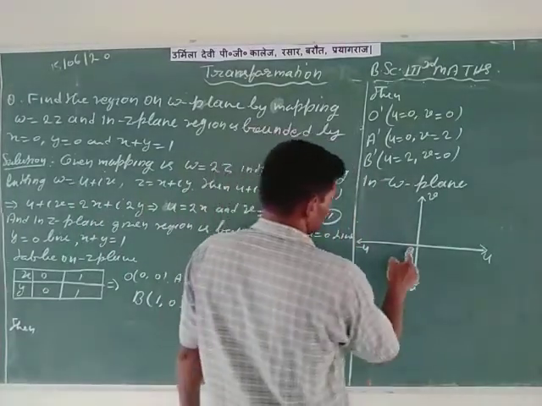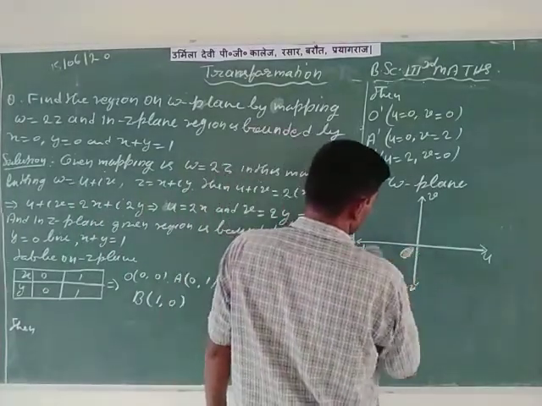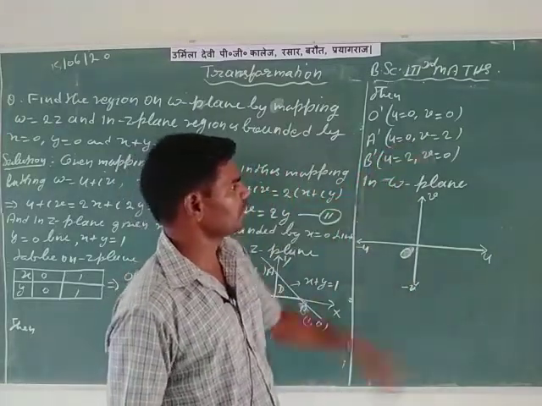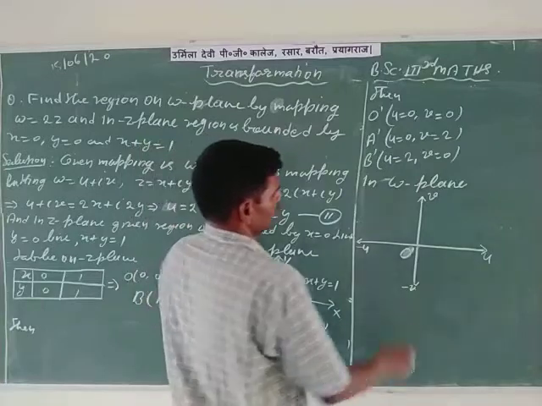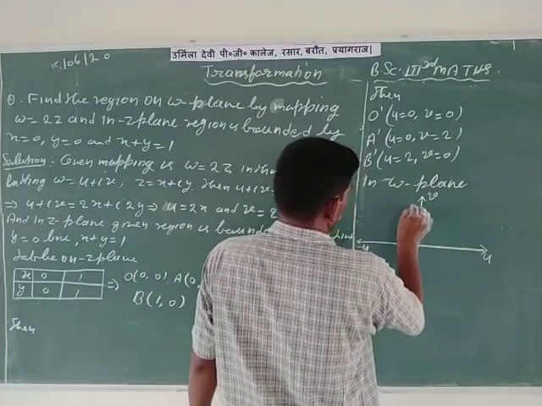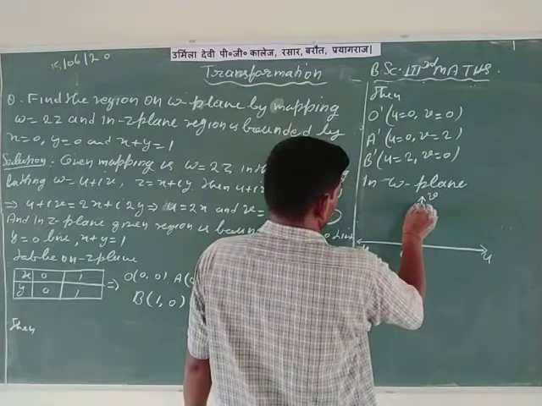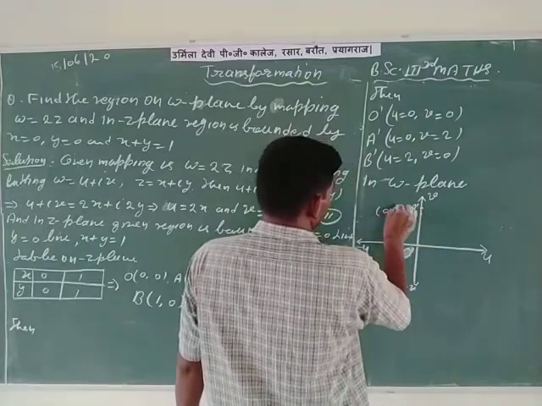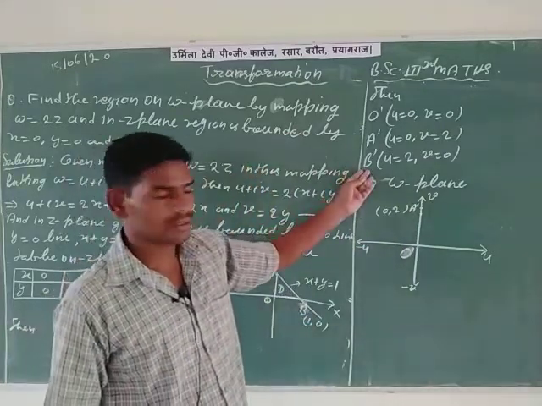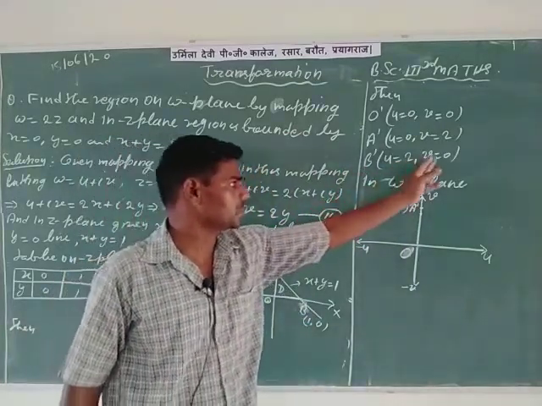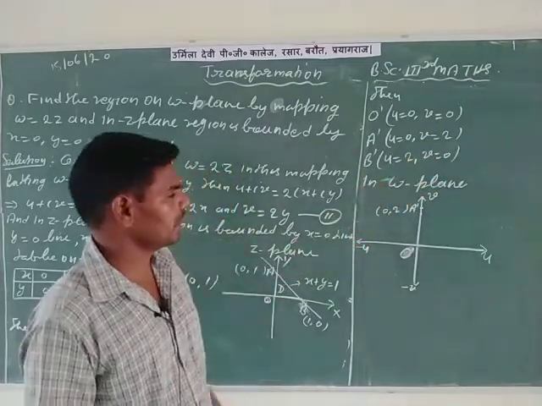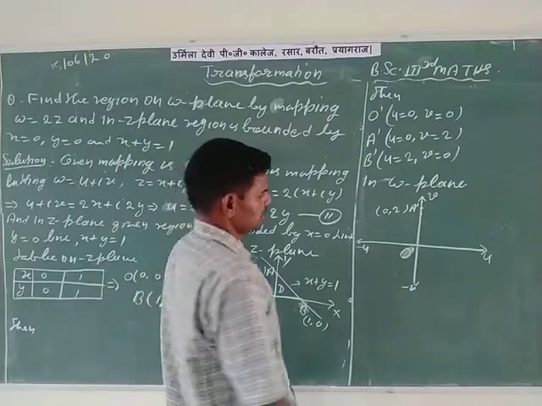Point A dash has u equal to 0 and v equal to 2, so its coordinates are 0, 2. And point B dash has coordinates 2, 0, meaning 2 distance on the real axis and 0 distance on the imaginary axis.